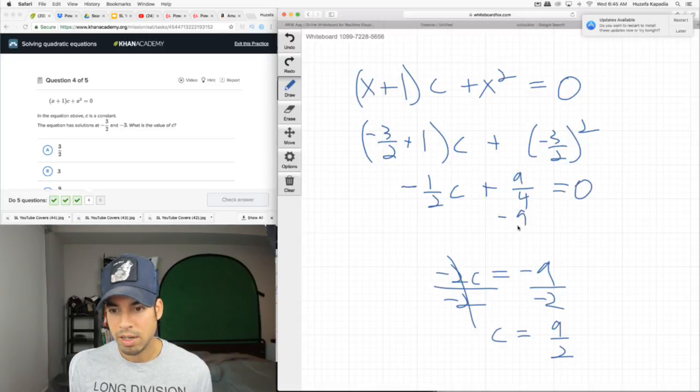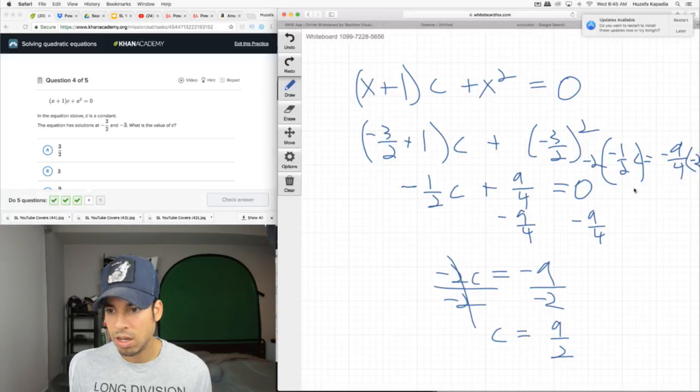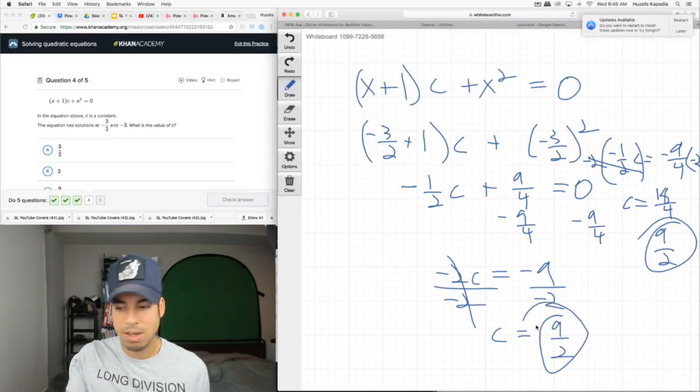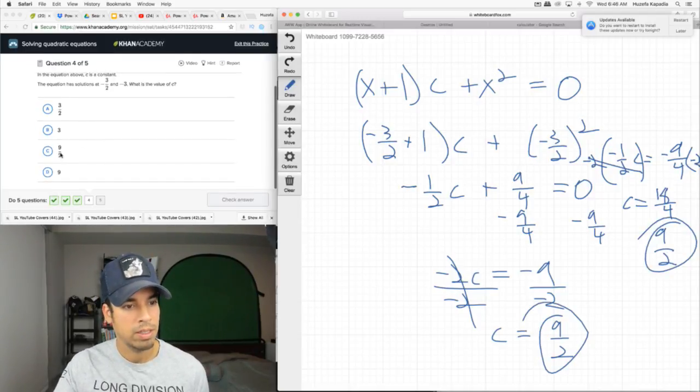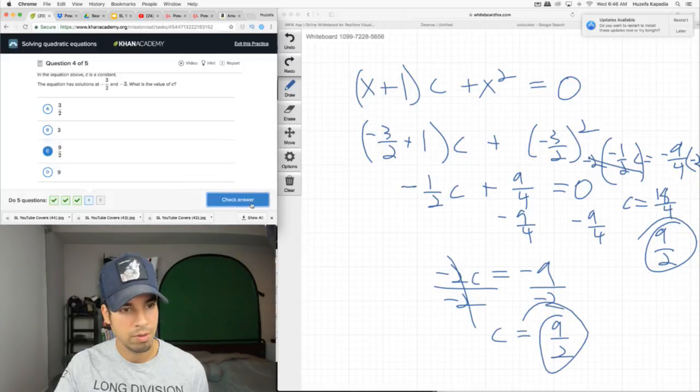We subtract 9/4 and get negative 1/2 c equals negative 9/4. I'm going to multiply both sides by negative 2, and this cancels out. We get c equals 2 times 9, which is 18, so it's positive 18 over 4. Reduce both by 2, and it's also 9 over 2. So you see you get the same answer both ways, and that makes sense. So this should be correct.